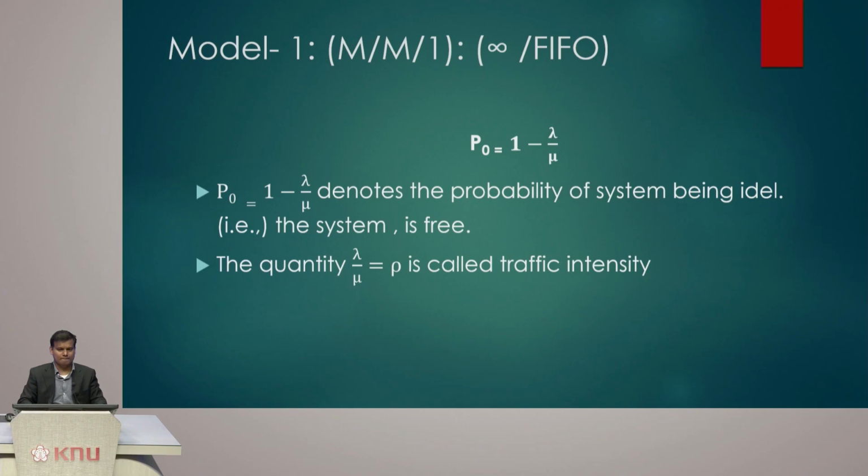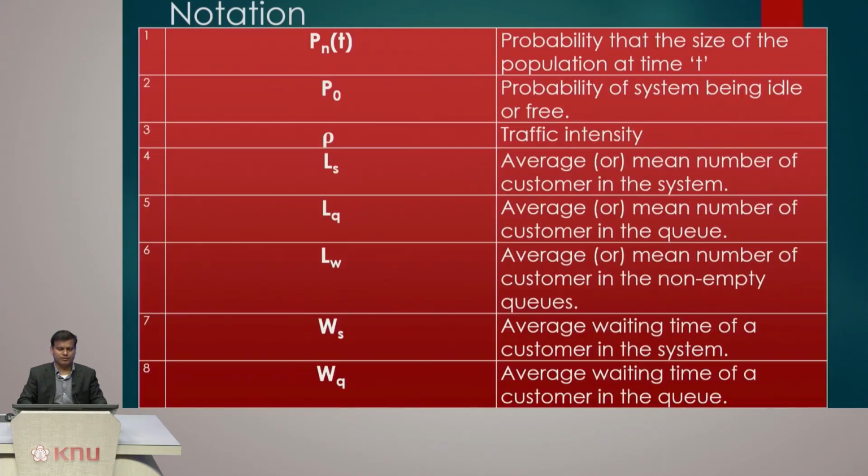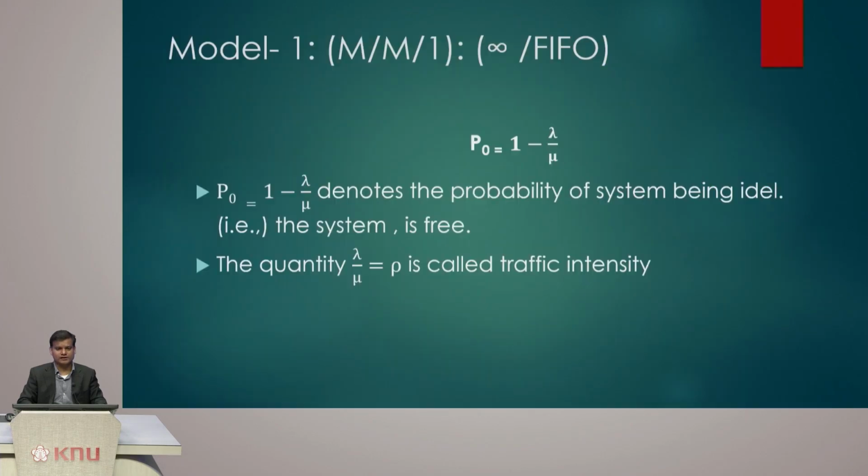As we have just seen, we can call P naught the probability of the system being idle, which equals 1 minus lambda by mu. Remember, lambda is the arrival rate and mu is the service rate.